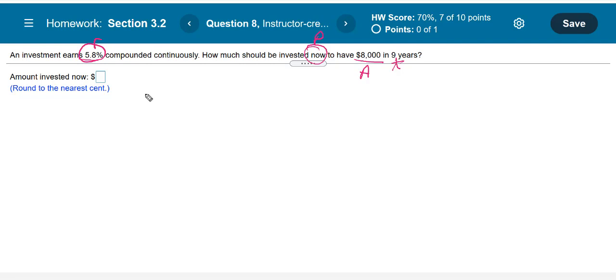So in the continuous compound interest formula, we will have 8,000 equals P E to the 0.058 times 9. And we've done this numerous times already. We'll do this calculation on our calculator, and then we'll divide 8,000 by that number.